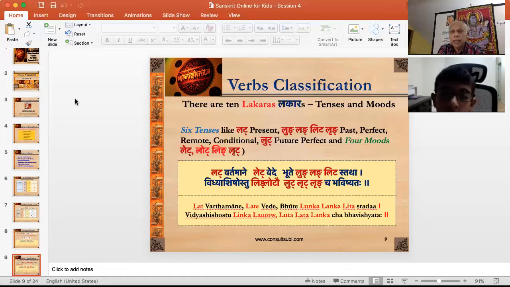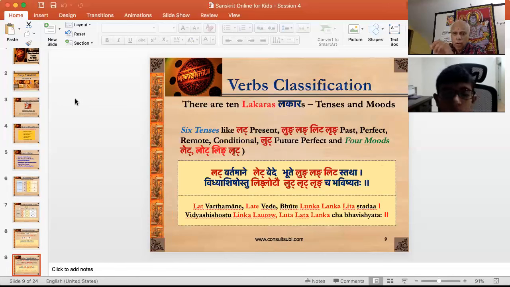Depending on the tenses and the moods, the verbs get classified into what are called lakaras. You see it in red, lakaras, which describe the tenses and moods. And like Dashagani, there are 10 of them. There are 6 tenses.